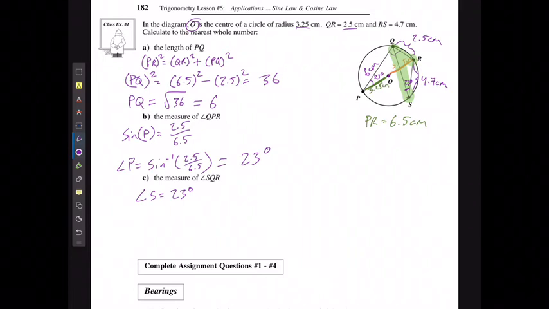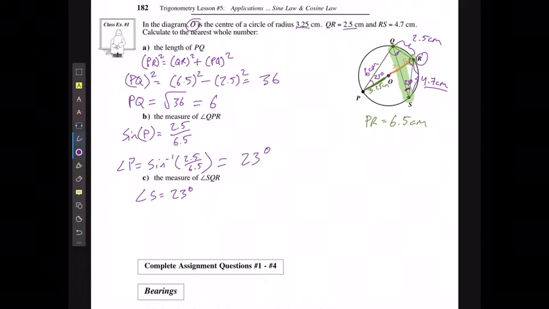Now, I need to figure out another side because I don't know what this angle is and I don't know what this angle is. So first, I'm going to use the sine law to figure out what this angle is. And I can say that, well, if I know that this is 4.7, I know what this angle is, and I know what the opposite side length is.